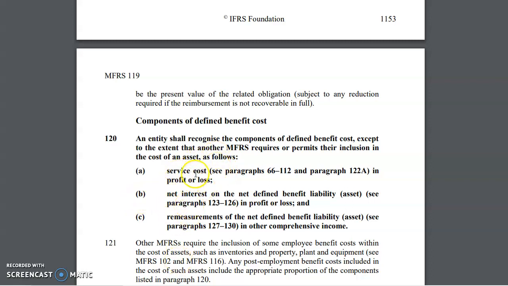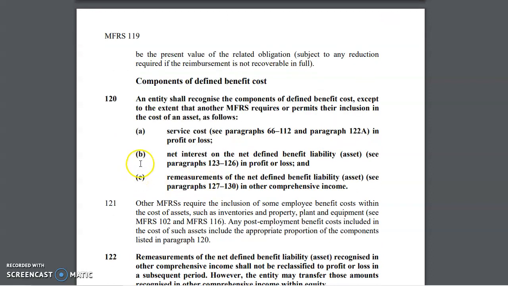So in statement of profit or loss, this net defined benefit cost consists of service cost. You can read the standard that this service cost consists of current service cost and past service cost. Number 2, net interest on the net defined benefit liability or asset in P&L, and C, remeasurement.